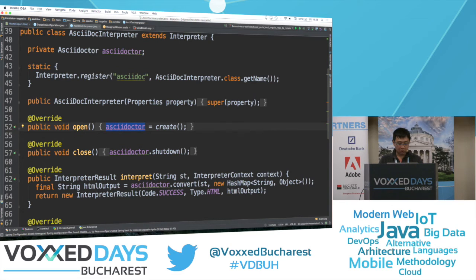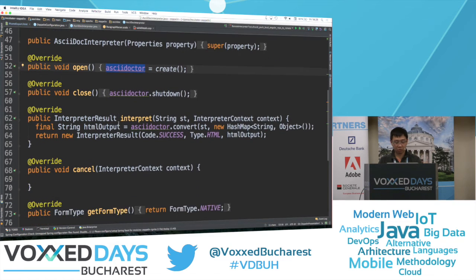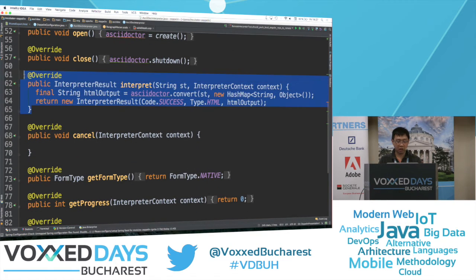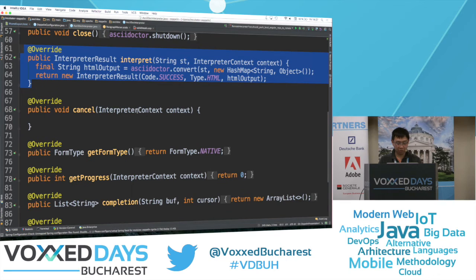You have two methods, open and close, for initialization of your resources. In this case, I'm just creating an instance of my AsciiDoc converter. And the most important method here is interpret. I have a string, which is the input text, and then the interpreter context, which contains some data related to your note and paragraph.